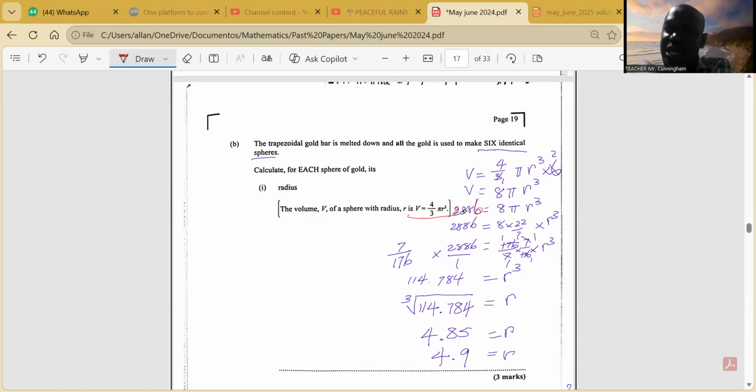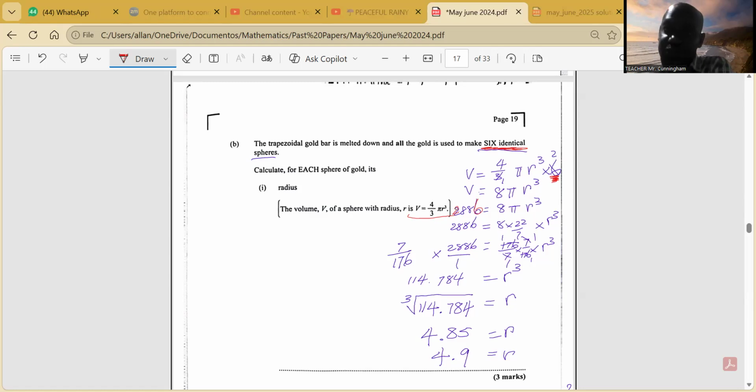Now, the reason why I multiply by 6 here is because it was melted down into 6 identical spheres. So all of them have the same volume, not one. All of them will have the same volume as what was before, which was 2886.